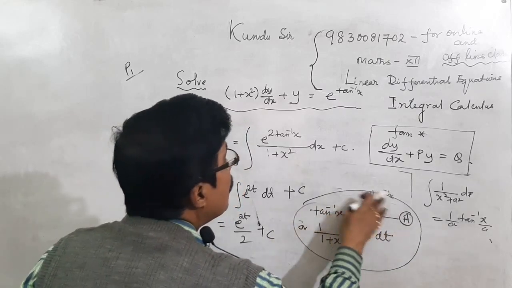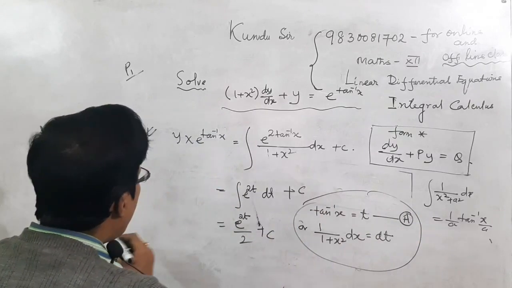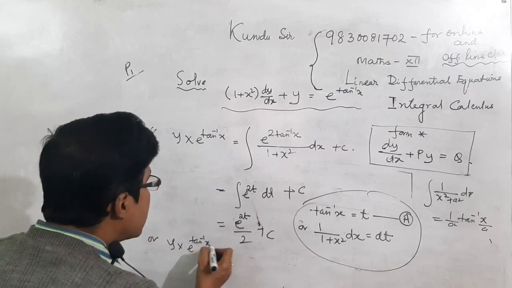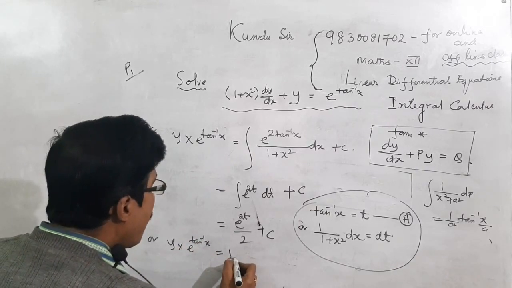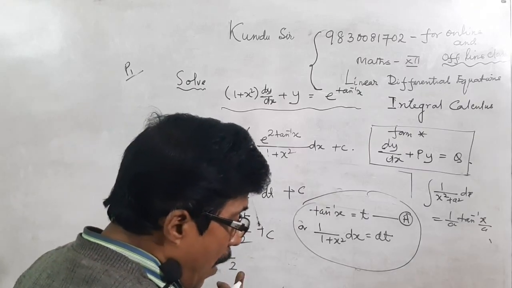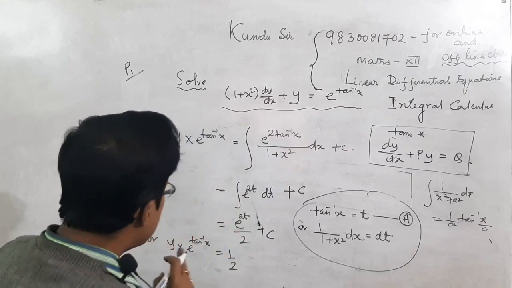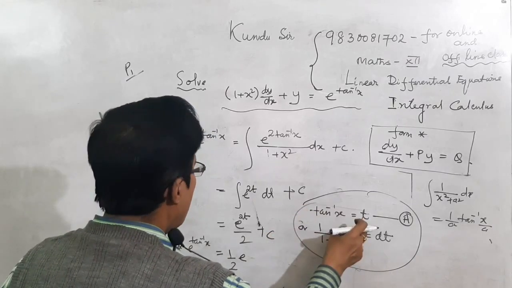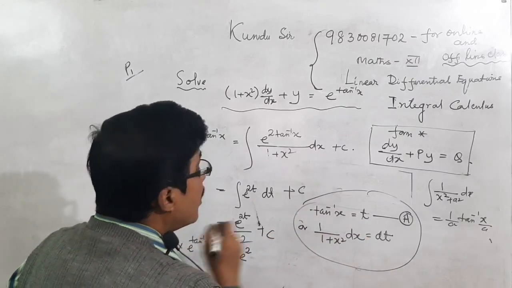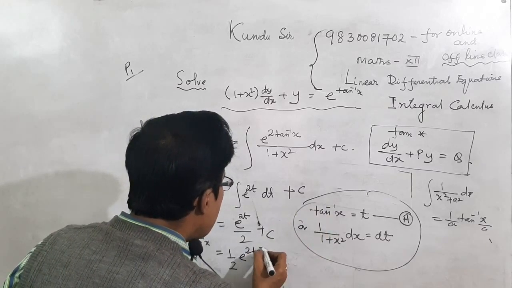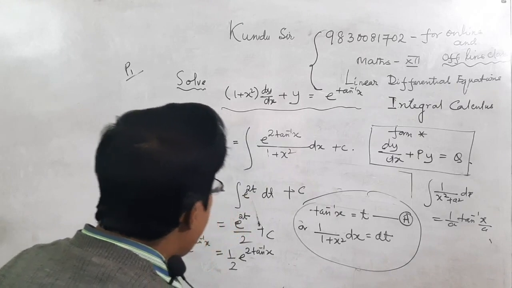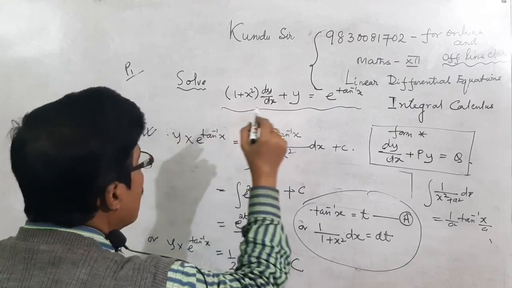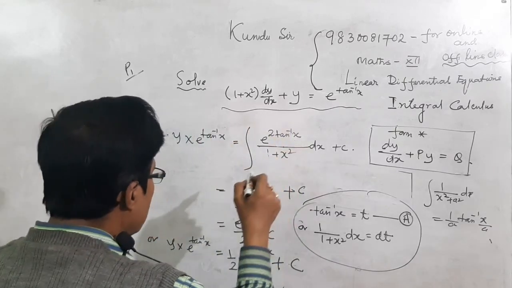Now y into e to the power tan inverse x equals half e to the power 2 tan inverse x plus c.